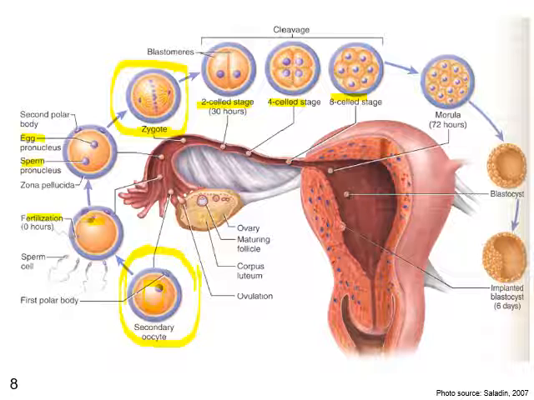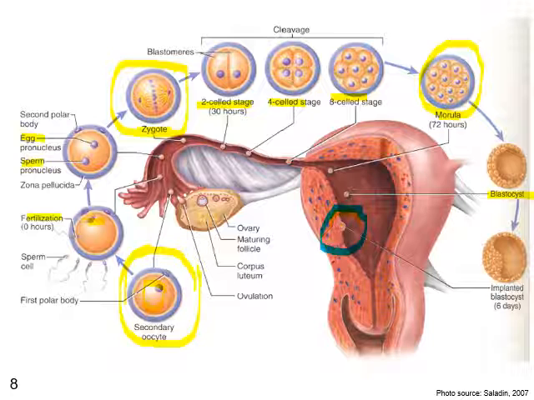The process of cell division develops a multicellular structure called a morula, which then develops, when we get into the hundreds of cells, into something called a blastocyst. The blastocyst is what is going to implant in the uterine endometrium and start to form the chorion, which will release chorionic gonadotropin.